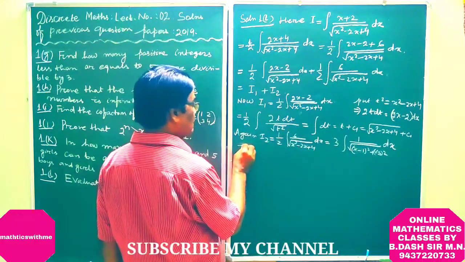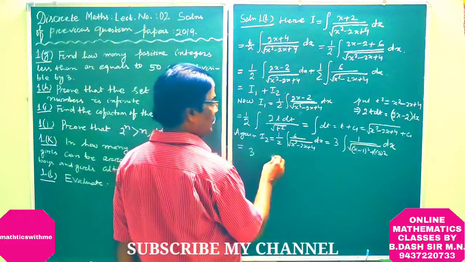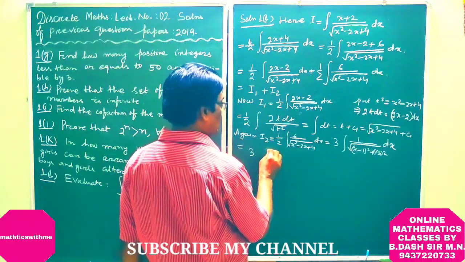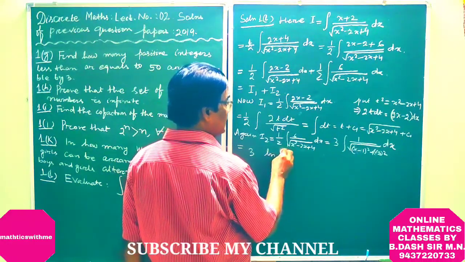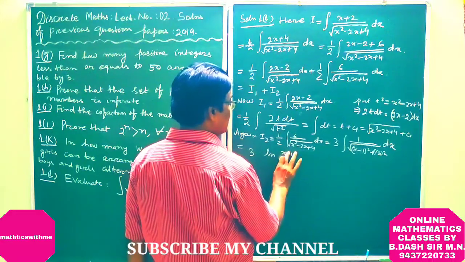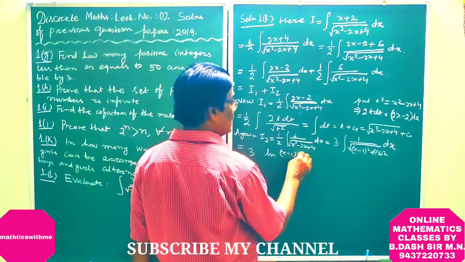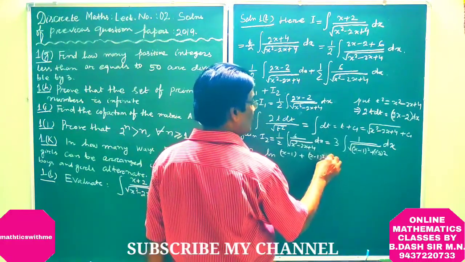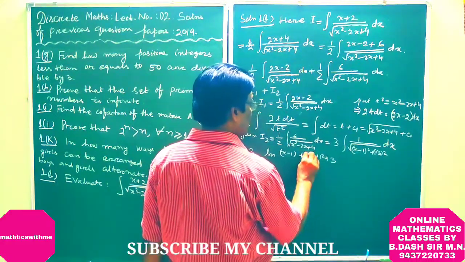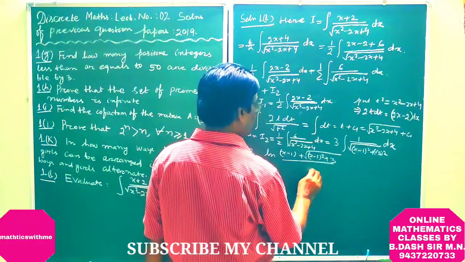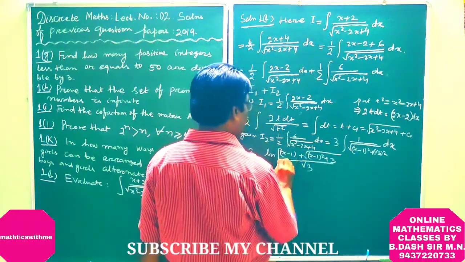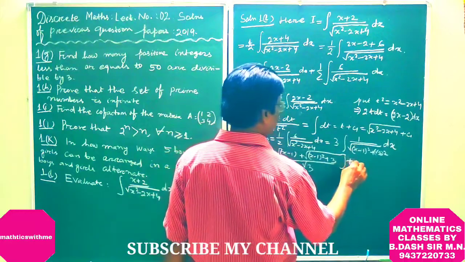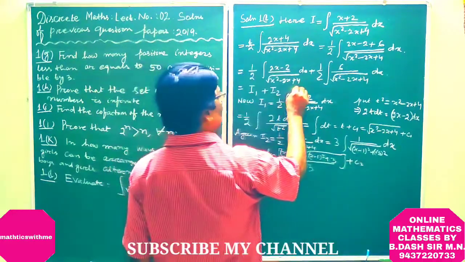This equals 3 ln of x minus 1 plus root of (x minus 1) whole square plus 3, plus C2.